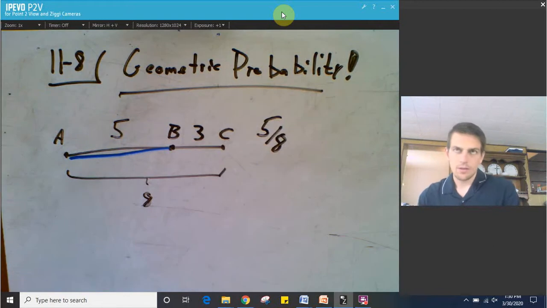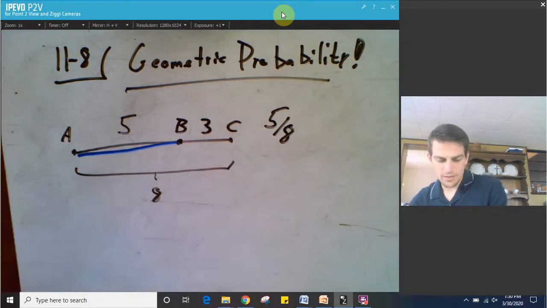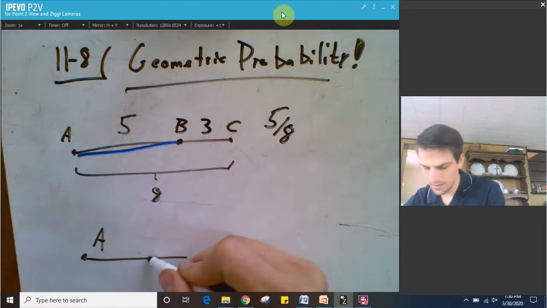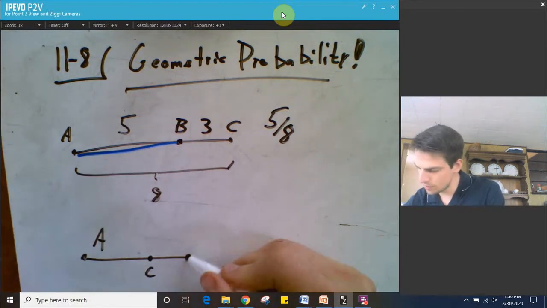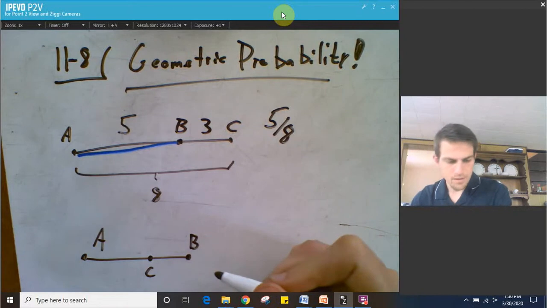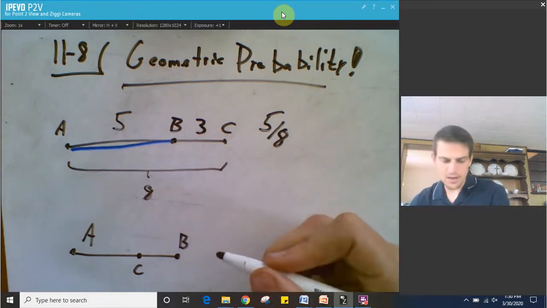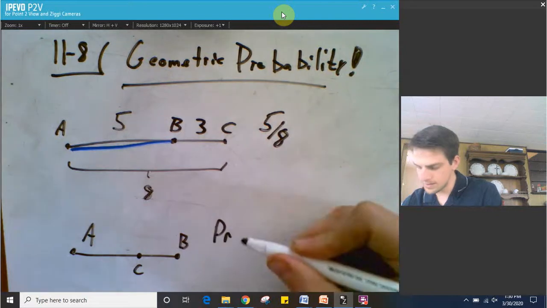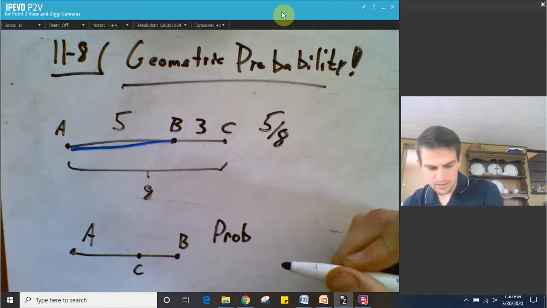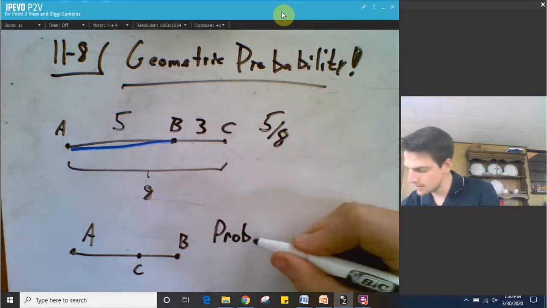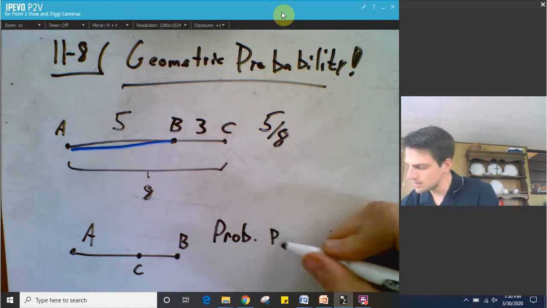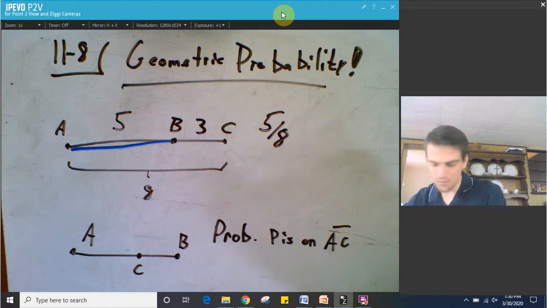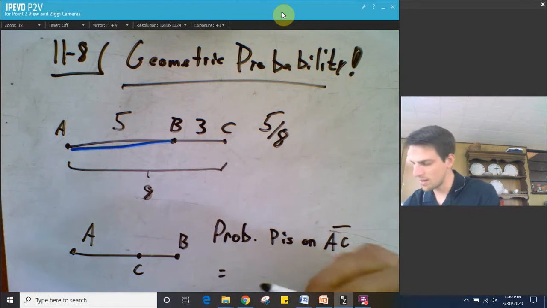So the generic way to write this is that I'm going to do it exactly the way the book has it. If you have point A, you have point C, and you have point B. If you pick a point P at random, then the probability that P is on segment AC is going to be the length of AC divided by the length of AB.